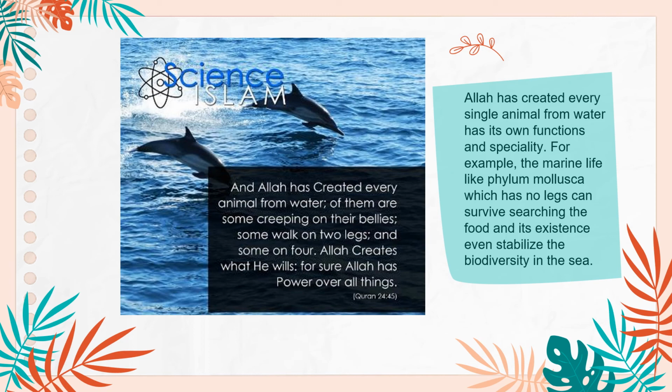For example, the phylum Mollusca that we have studied do not have any legs, but they are able to search for food, and their existence even stabilizes the biodiversity in the sea.